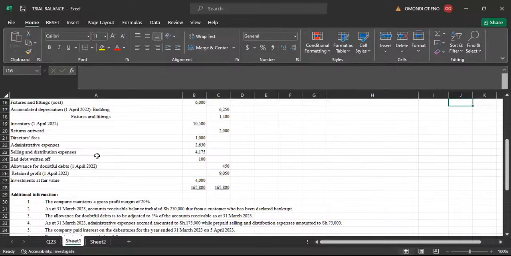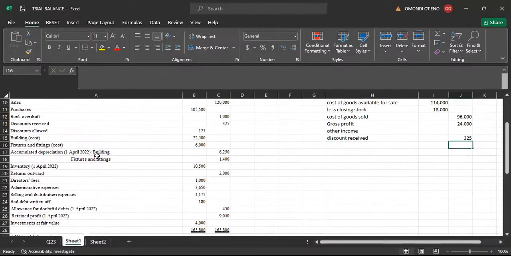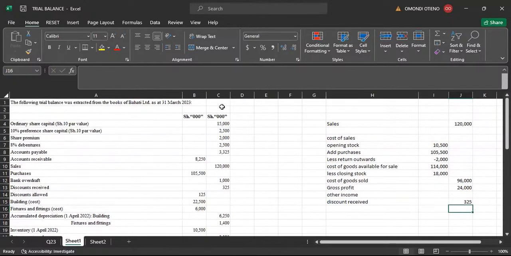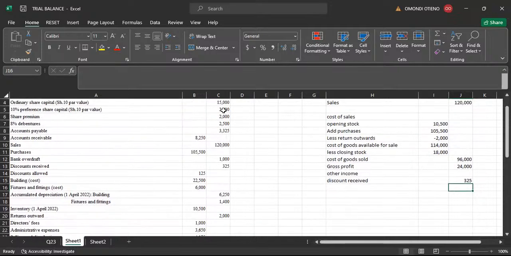Any other income that is here? It should be on the credit side. Do we have any other income here? These ones here are capital or equities. Here we have a revenue item. We only have that.